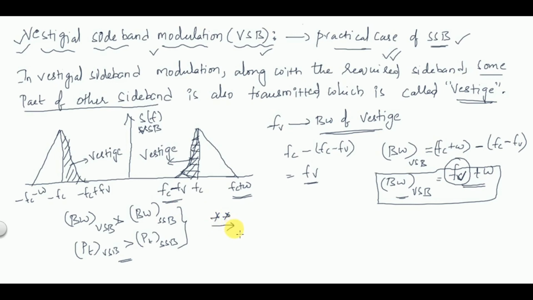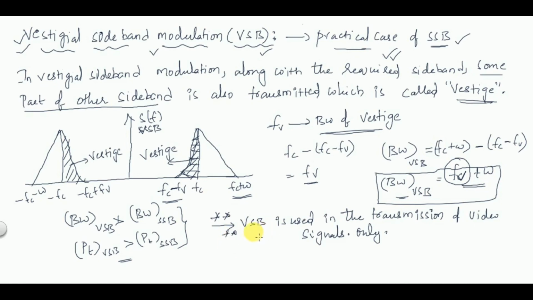The important point here is that vestigial sideband is used in the transmission of video signals only. This is a very important point, and this is the application of VSB.